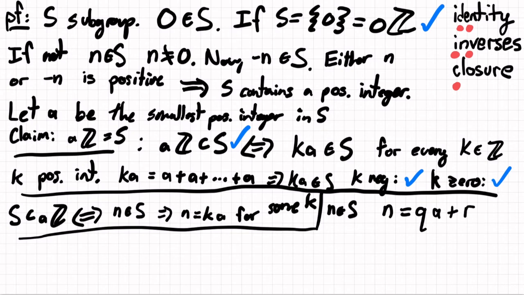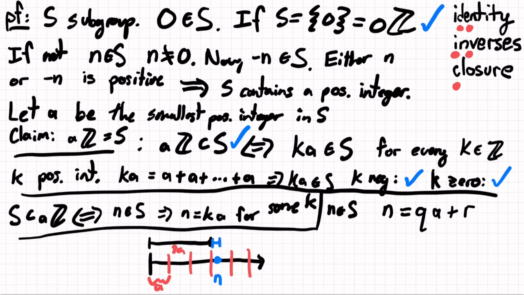So when I say division with remainder, this is just some elementary arithmetic. If I just have like a number line or something, right? I divide up my number line by lengths of a, and if I have my number n somewhere in here, what all it's saying is I can go, I guess, 3 times a plus something that is less than a, r, where r is less than a.